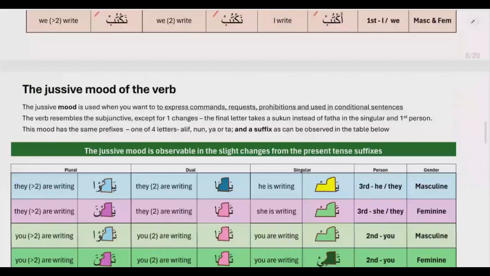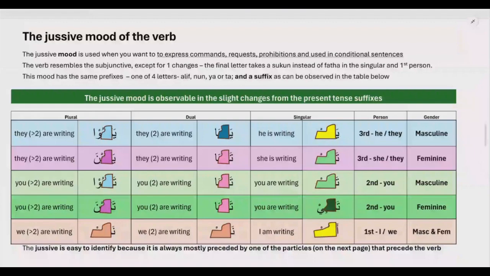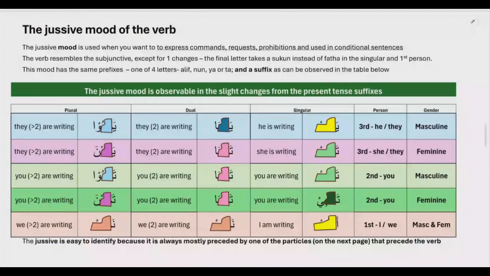Okay, so if you look at this particular verb, it's got the alif, nun, ya, ta in front. Can you see that alif, nun, ya, and ta, right? Even this one's got a ta. So alif, nun, ya, ta, the anate still coming in the front. Can you see these ya's and ta's here?